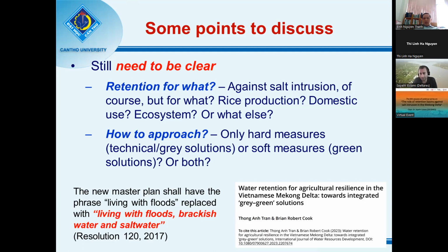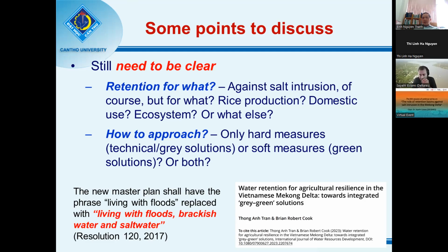Because under the government resolution, we do not prevent salinity, but live with flood, live with salinity. And another approach is an integrated gray-green solution.